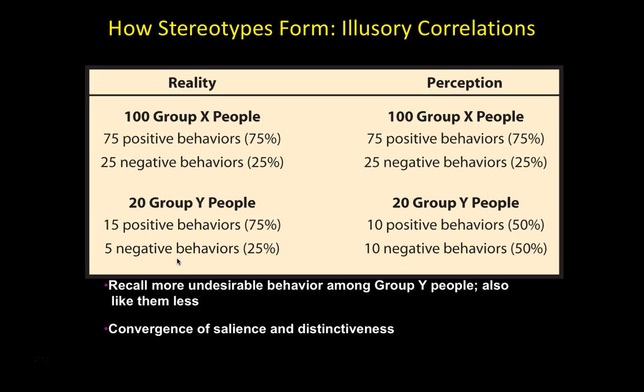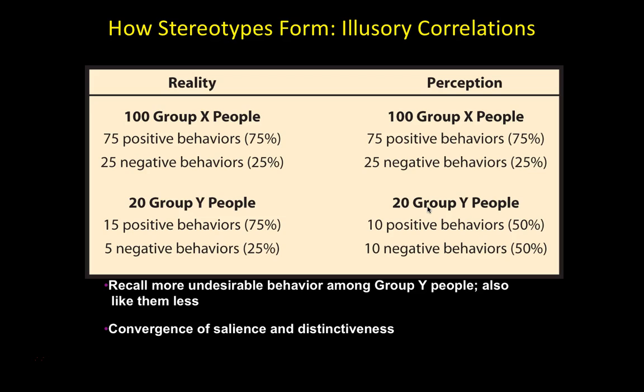And so, owing to this convergence of salience and distinctiveness, those rare negative behaviors for group Y people, the minority group, tend to get more readily remembered, seen as more frequent, and hence we get this illusory correlation that the minority group tends to behave in more negative ways, despite the fact that there's no reality there.